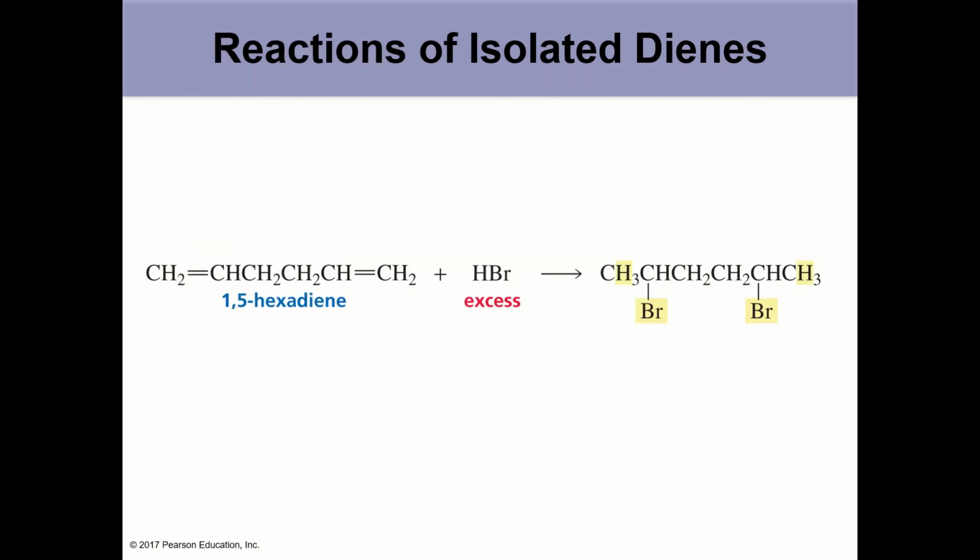Now we can cover reactions of isolated dienes, and we're going to use the same reagents that we used when we studied pi reactivity in chapter 6. So here we have an isolated diene reacting with excess HBr. Both of the pi bonds react with the HBr. Bromine is added to the more substituted carbon, and we get this dihalide.